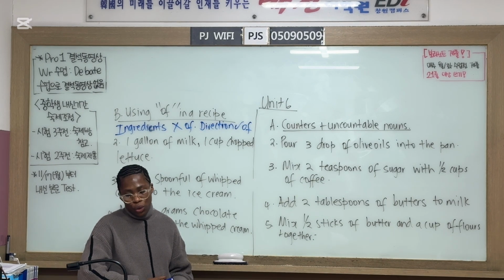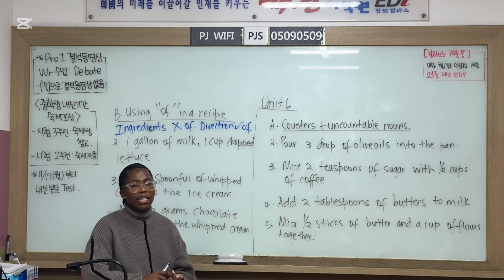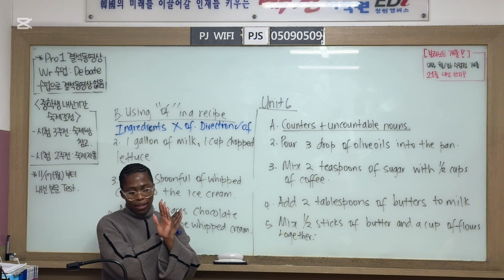Page 52, counters and uncountable nouns. Find the errors in the sentences and rewrite them. We have our counters, a cup of, a drop of, a spoonful of. Counters under 1 cannot have a plural. So if a counter is less than 1, like a half, don't add s.